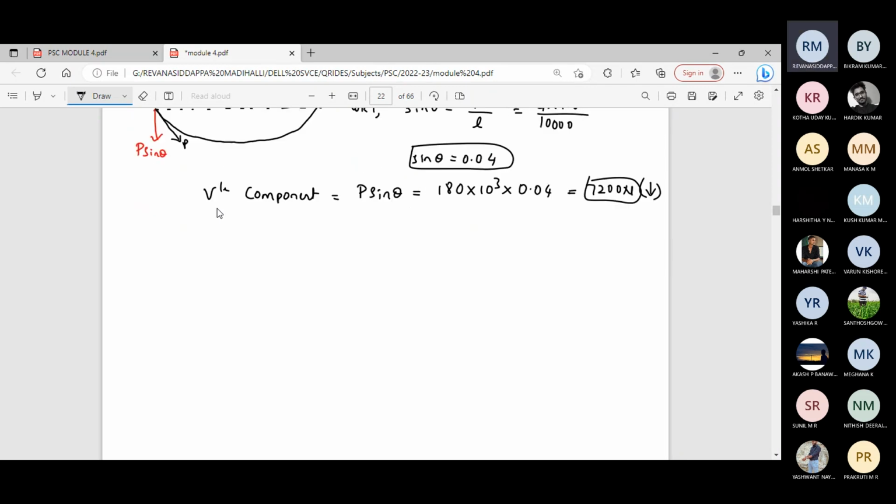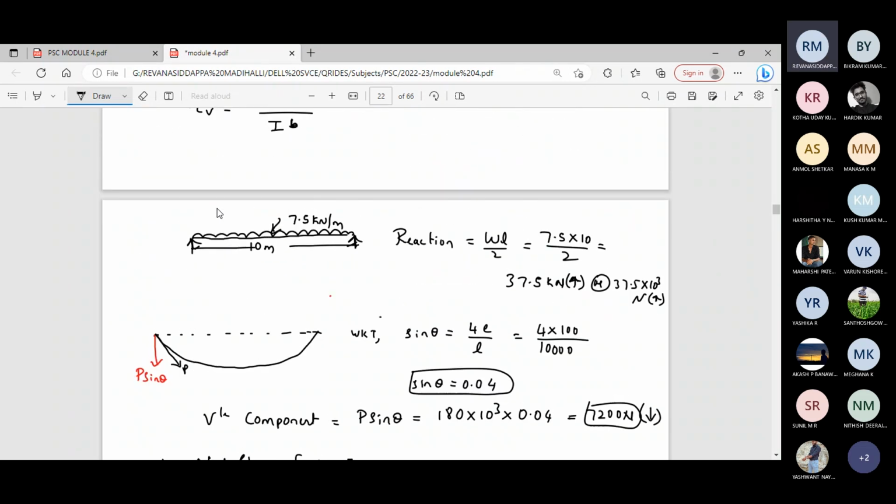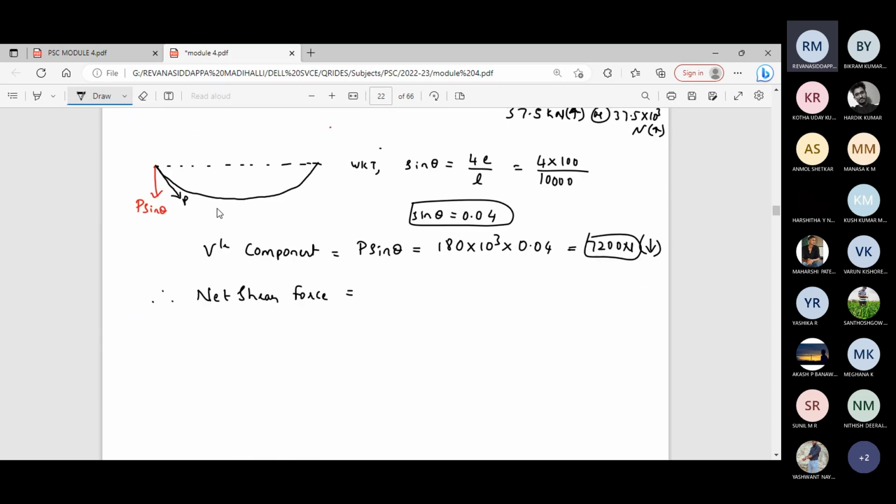Therefore, the net shear force will be equal to the shear force due to the load, 37.5 into 10 power 3 Newton, minus the downward component, 7,200 Newton.